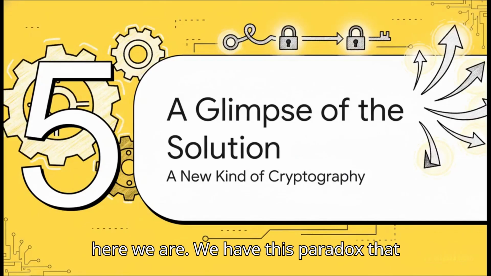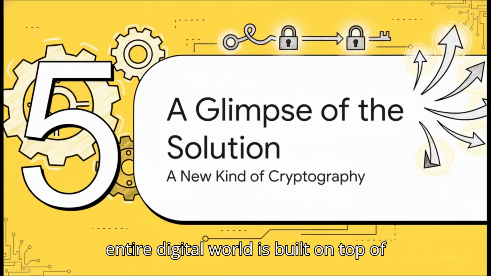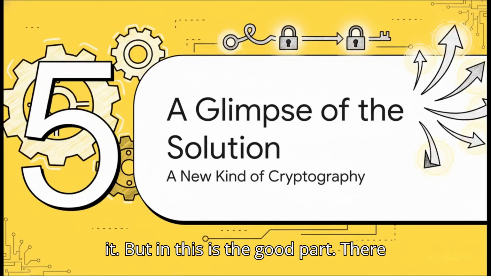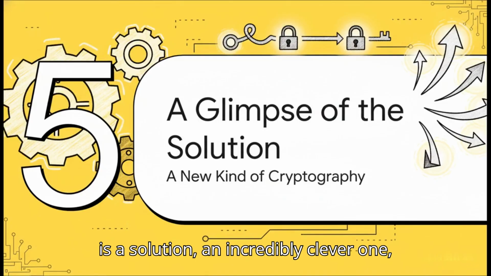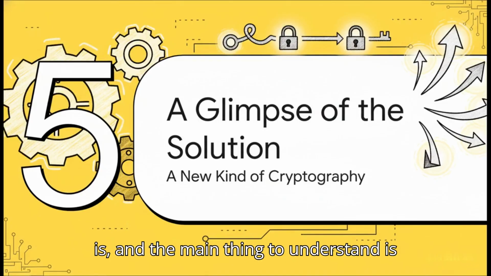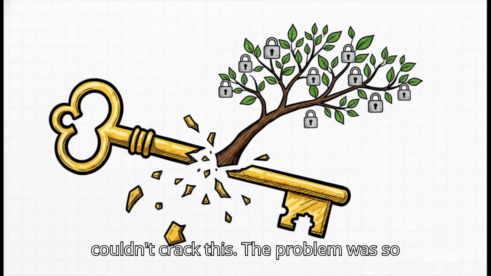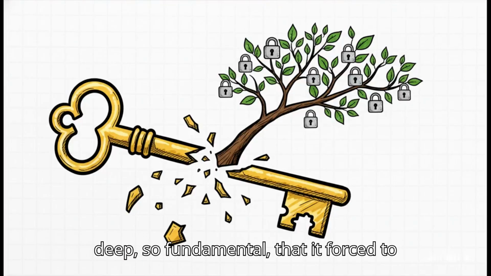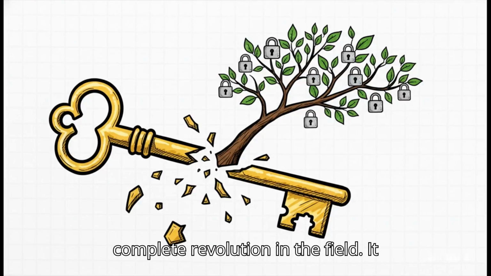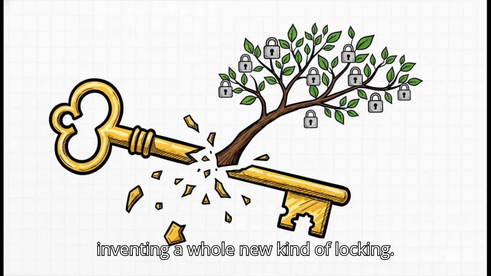So, here we are. We have this paradox that seems completely unsolvable, yet our entire digital world is built on top of it. But, and this is the good part, there is a solution, an incredibly clever one. So let's take a quick peek at what it is. And the main thing to understand is that the old way of doing things just couldn't crack this. The problem was so deep, so fundamental, that it forced a complete revolution in the field. It wasn't about a better lock. It was about inventing a whole new kind of locking.